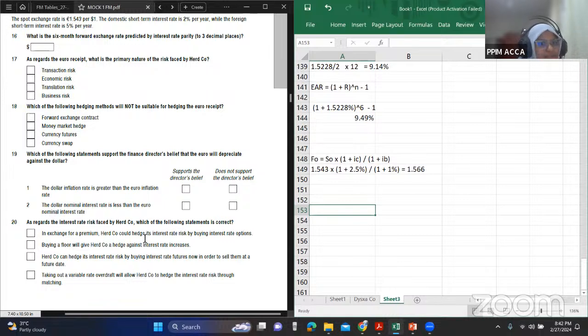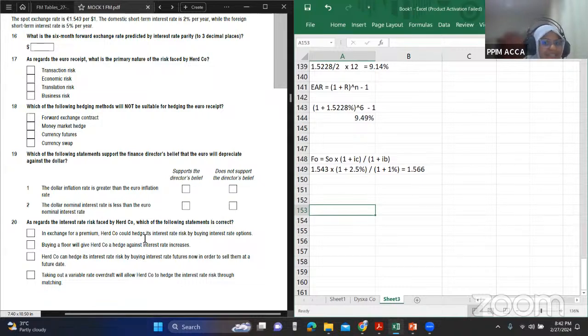Okay. So what is he saying again? He's saying that the euro will depreciate. That means the inflation in the euro country will be higher. If a currency is depreciating, inflation in that country is high. So saying that the dollar inflation is greater than the euro is wrong. In fact, the dollar inflation should be lesser than the euro inflation.